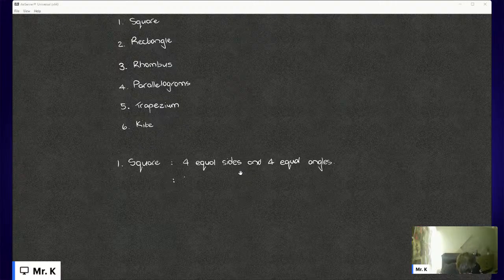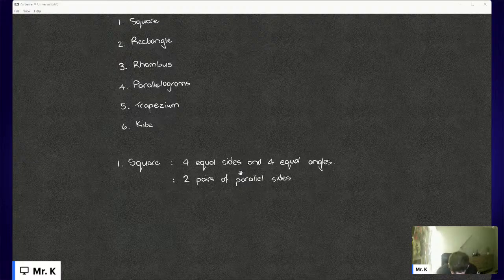We then have two pairs of parallel sides. And again, this is what becomes important for geometry because it allows you to quote unquote read between the lines, right? Two pairs of parallel sides.